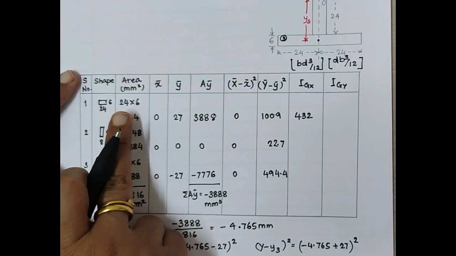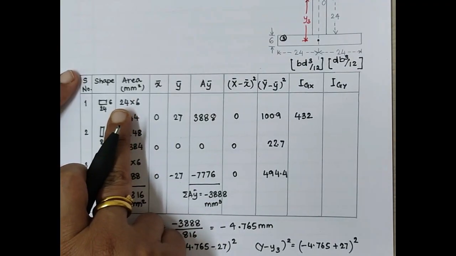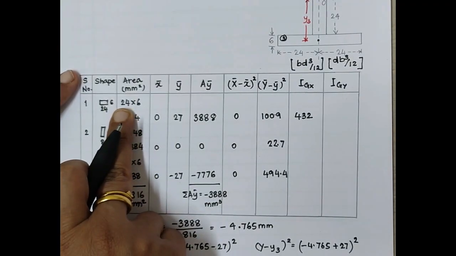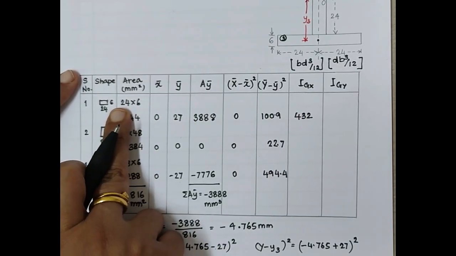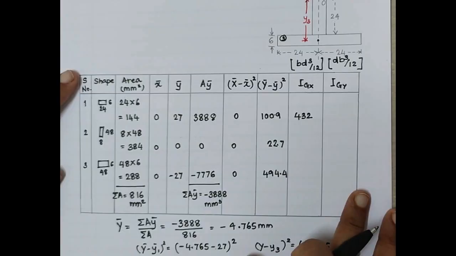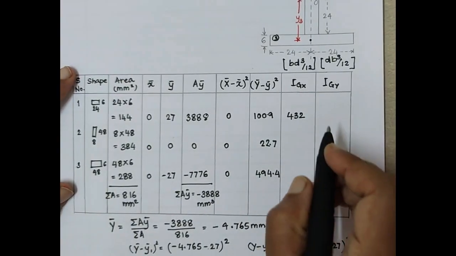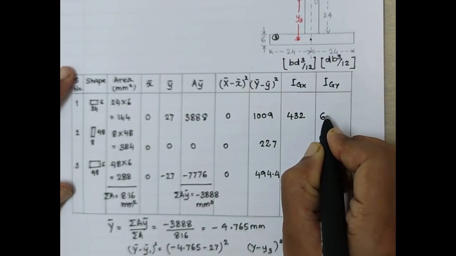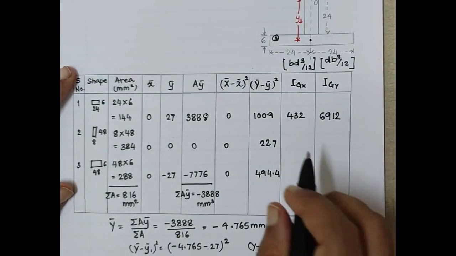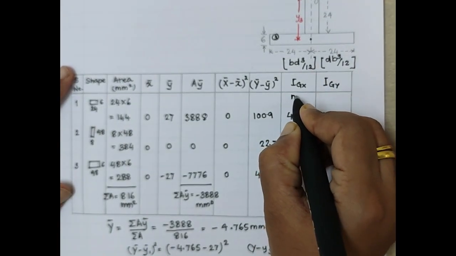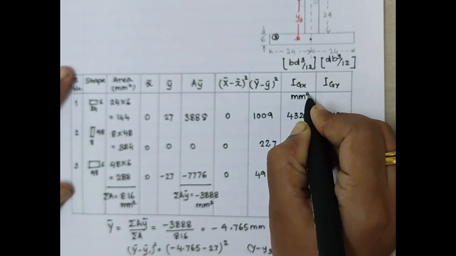So in this case, D will be 24 and in the first case this is B and this is D. In the second case this will be B and this will be D. And you have to use the same equation and solve it all over again. With that you get a value of 6912. Here all these values will come in mm raised to power 4.